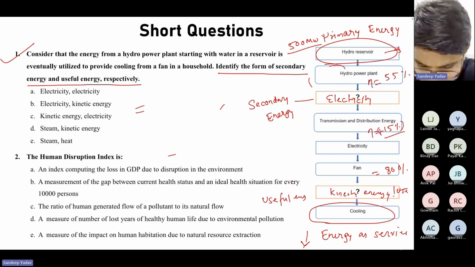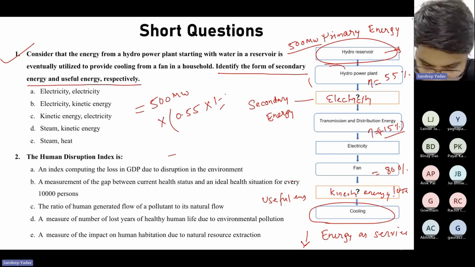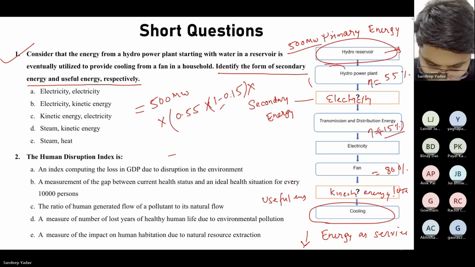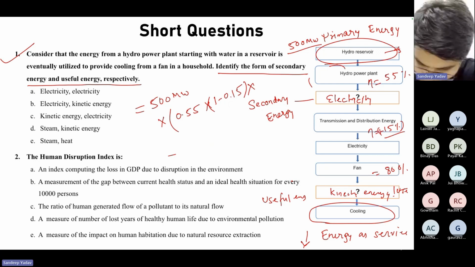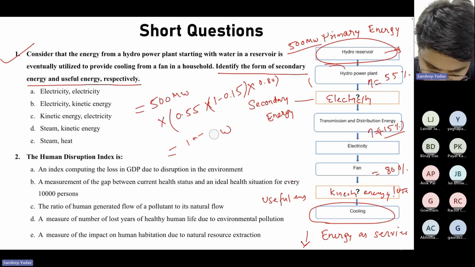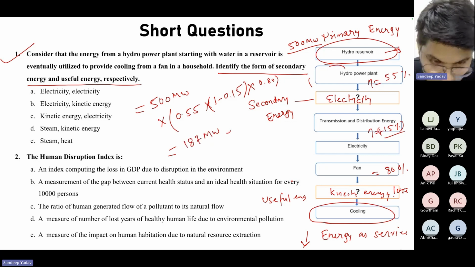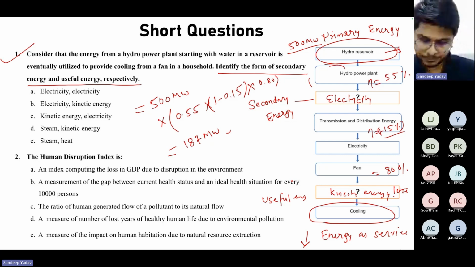That will be just a multiplication of 500 megawatt multiplied by 0.55 into 1 minus 0.15 into 0.80, and that briefly comes out to be 187 megawatt. So I hope it's clear, Binay.